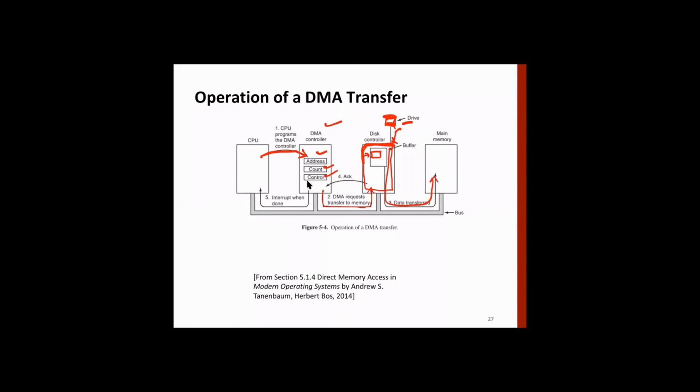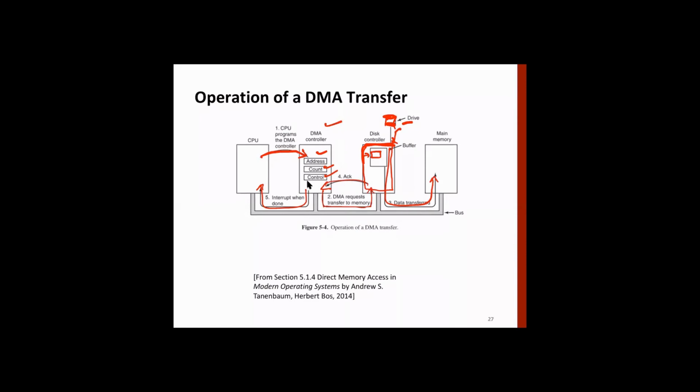When this is over, the controller will know it. When the transfer is over, it will send an ACK to the DMA controller, which in turn will ACK the CPU. Basically, suppose the CPU wants some data, it will inform the DMA controller.